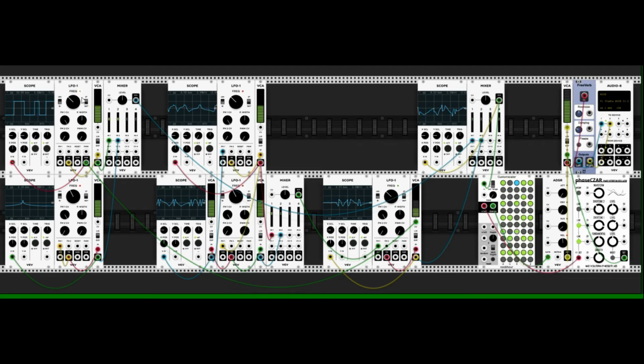So this LFO switches on and off this modulation chain. Or, where is it? Here it is. Oh, sorry. Or its partner. I can switch on and off the partner of this LFO.